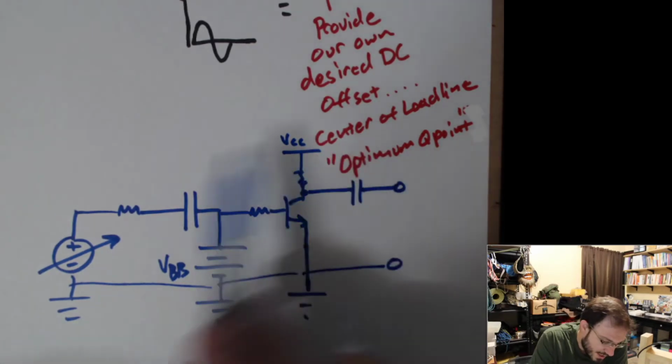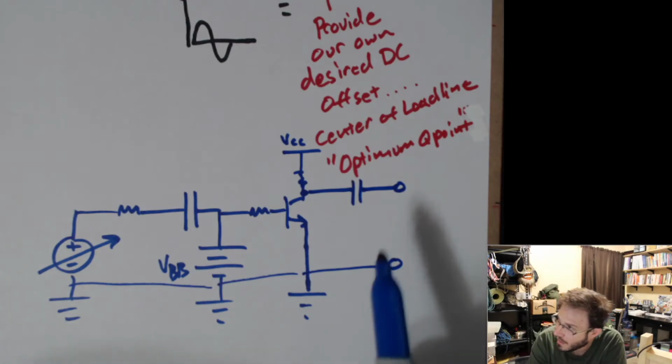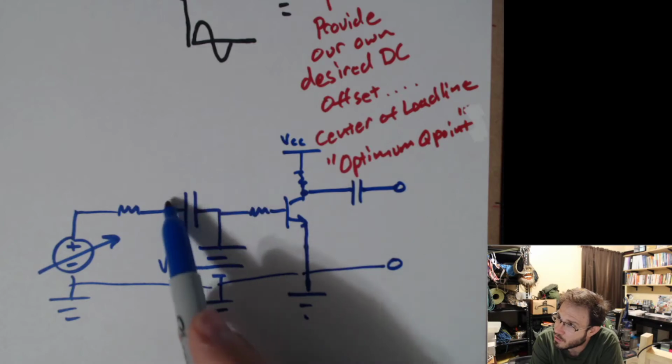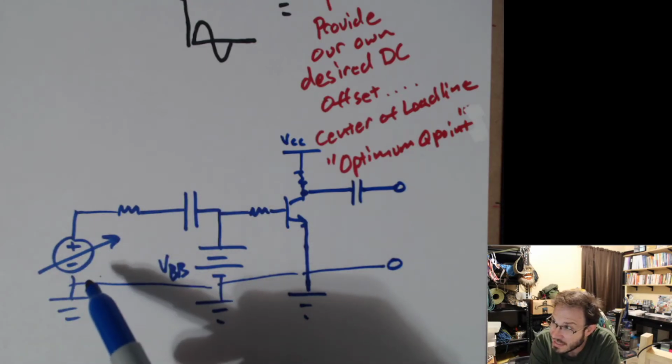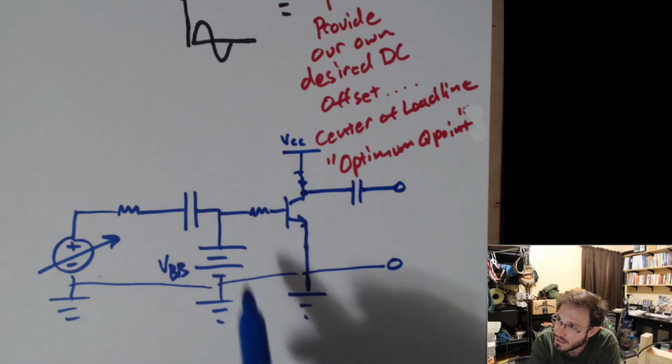And so this would be an acceptable amplifier circuit right here. We take our input signal, we strip out its DC offset. In this case, it's actually centered at 0. But regardless, we would still have a capacitor in series here.